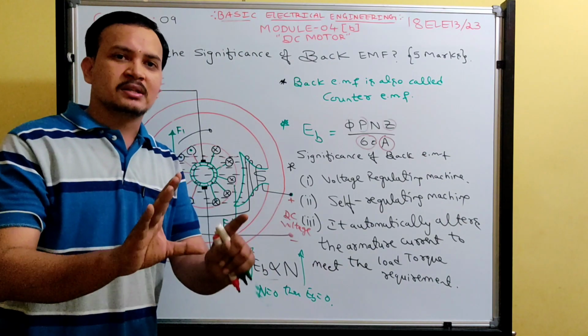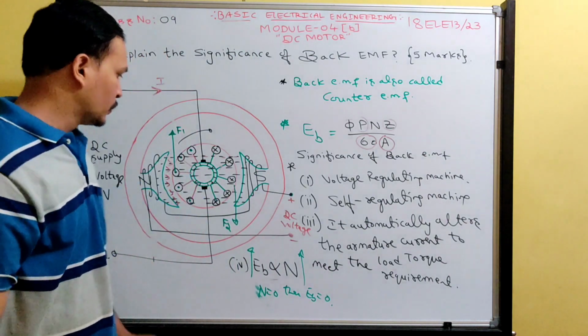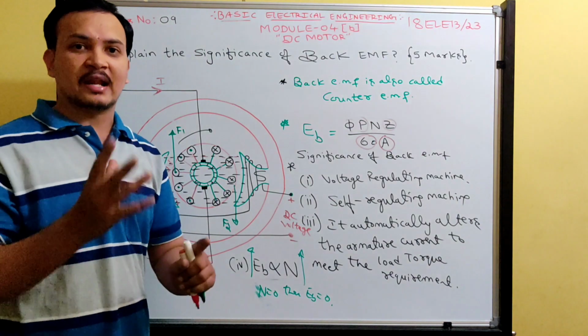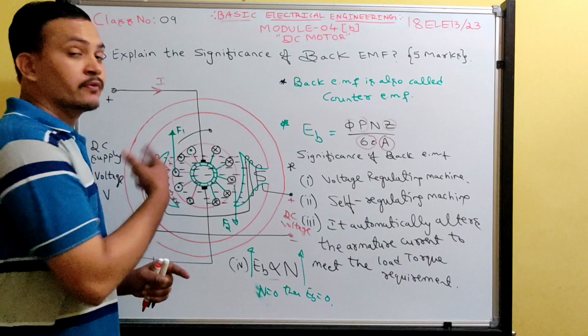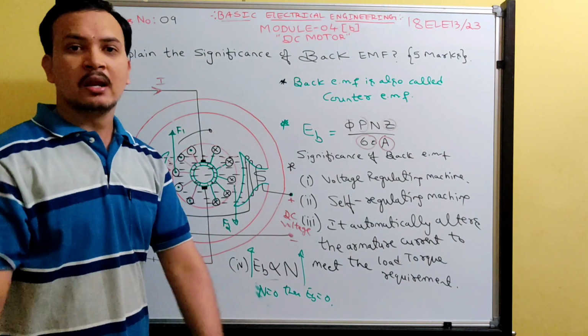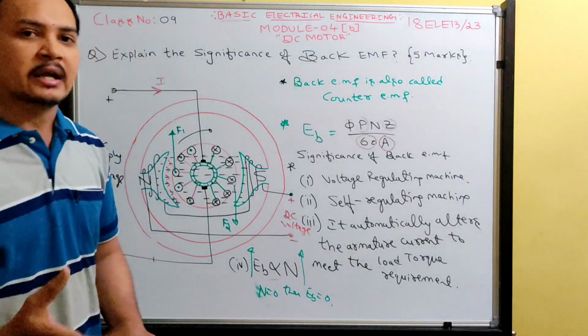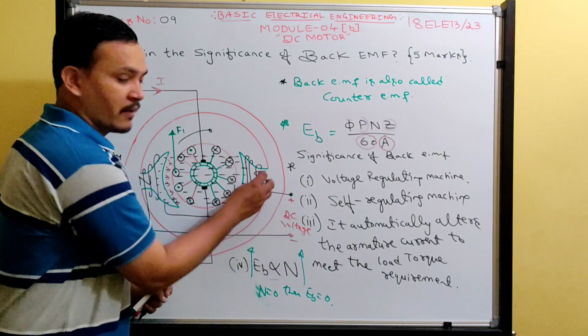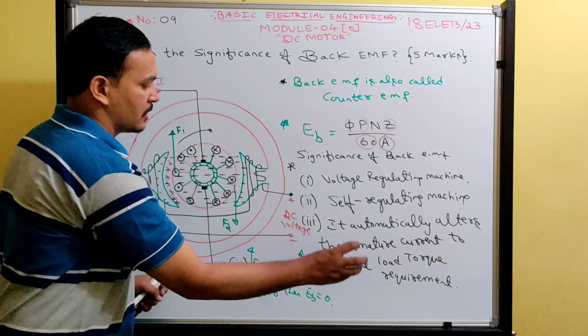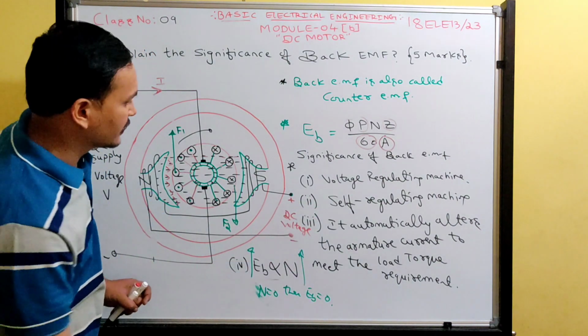That main flux is not at all sufficient to get better interaction. If the interaction is better, you will get more force, then your armature speed will increase. So under that condition, externally we connect field windings, and those field windings are excited with the supply voltage.